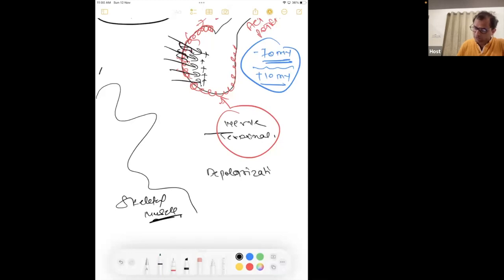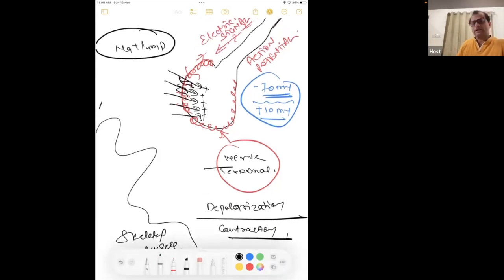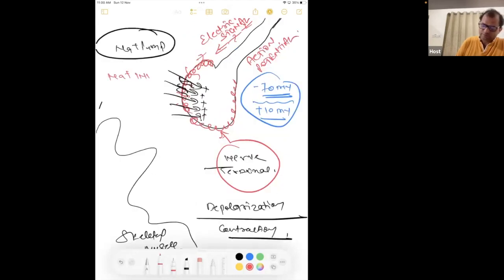Depolarization means changing the polarity, and here it means contraction. Right? So this will happen at the nerve ending because of the sodium going in. When the sodium goes in, this is called sodium influx.